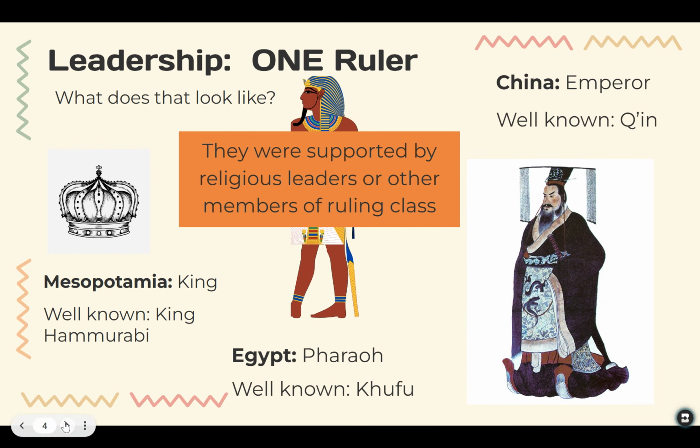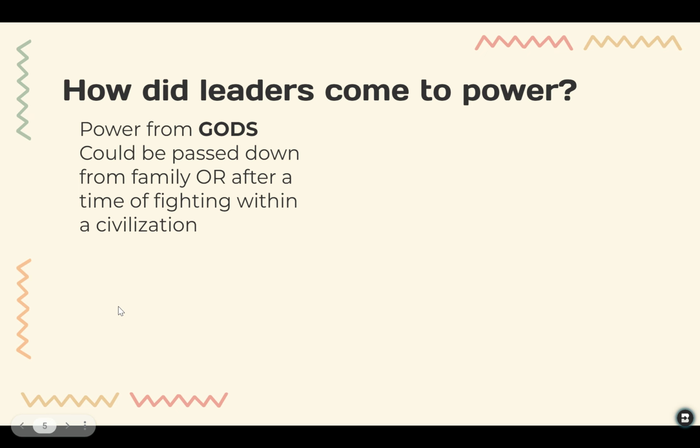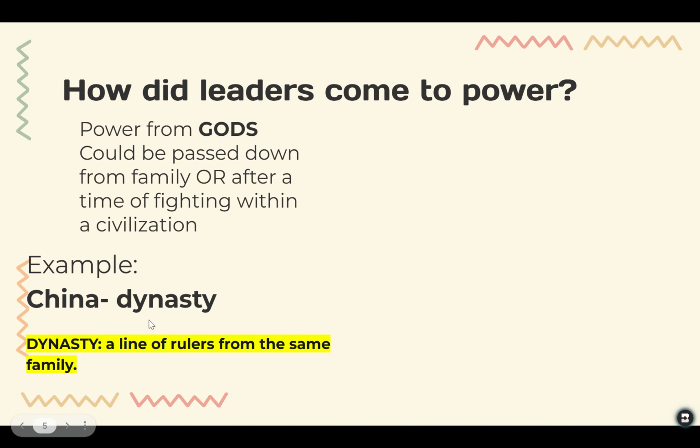So they got power from the gods, and this power could either be passed down from a family member, or it could be taken over after a time of fighting within a civilization or from another civilization. Now let's talk about how this might look. We're going to use China as an example. China had dynasties, and a dynasty is a line of rulers from the same family.